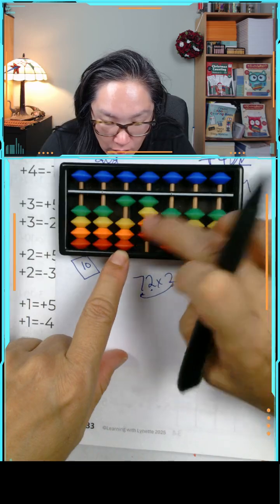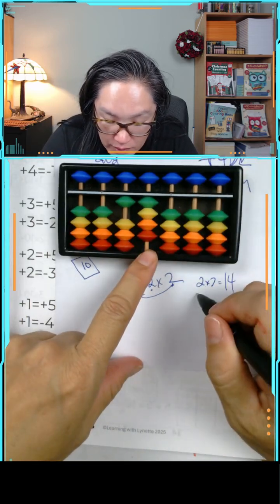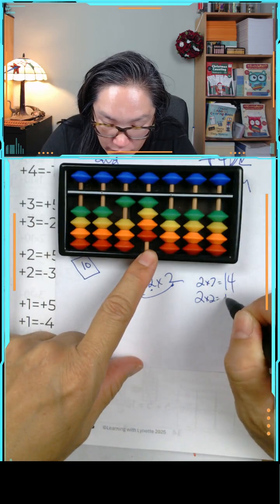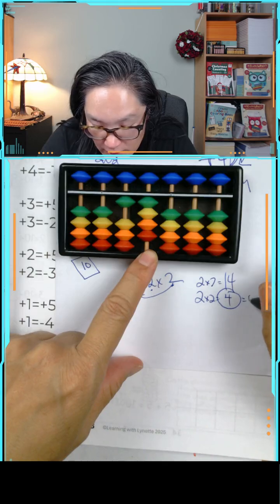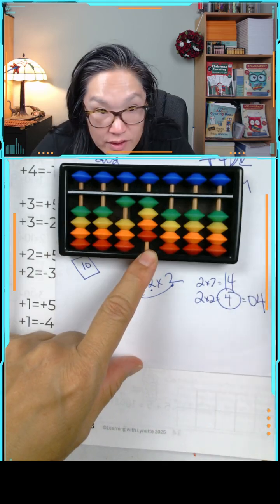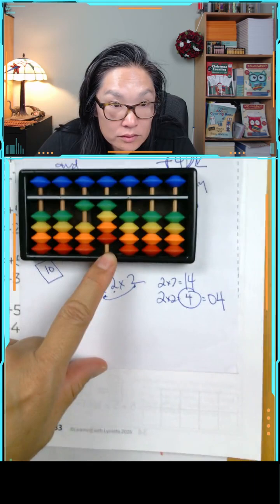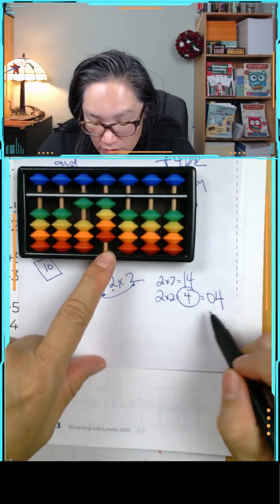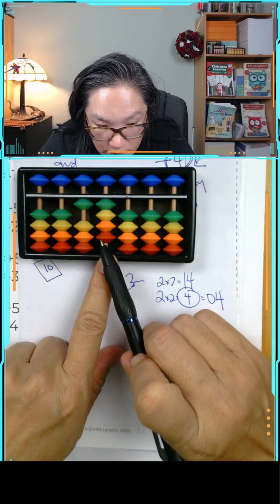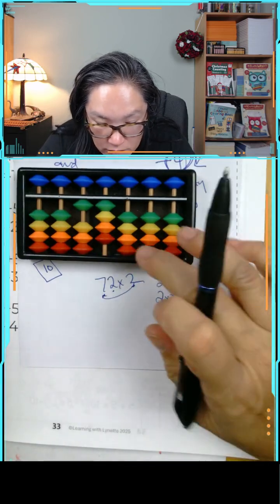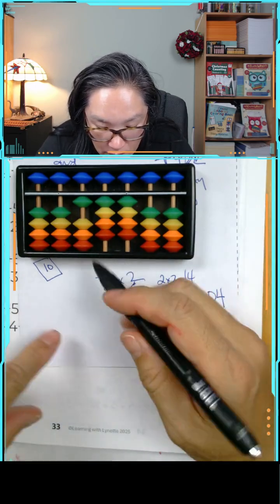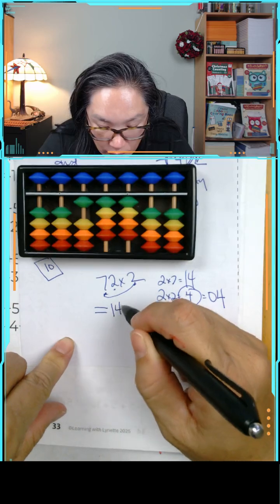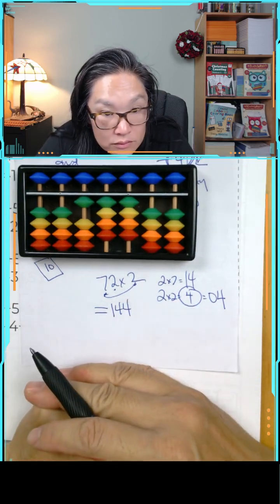Add the 4. Right? Then we do 2 times 2 is equal to 4. 4 is a single digit, so we have to make it a double digit, which is a 0 and a 4. Because it's a 0 and a 4, it pushes it out. 0, 4. So our final answer is 144. So that's our answer. Cool.